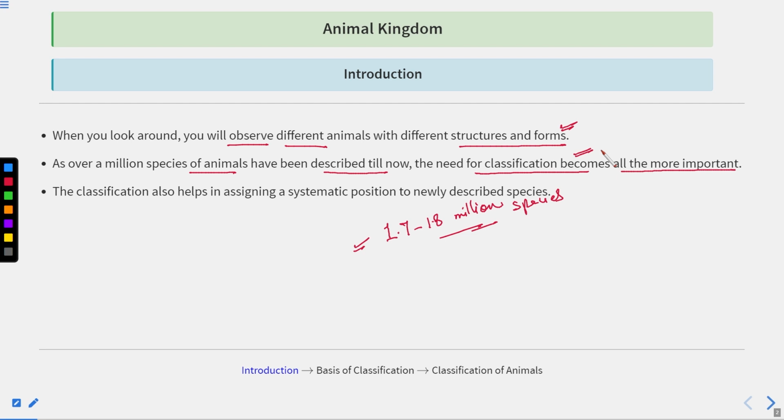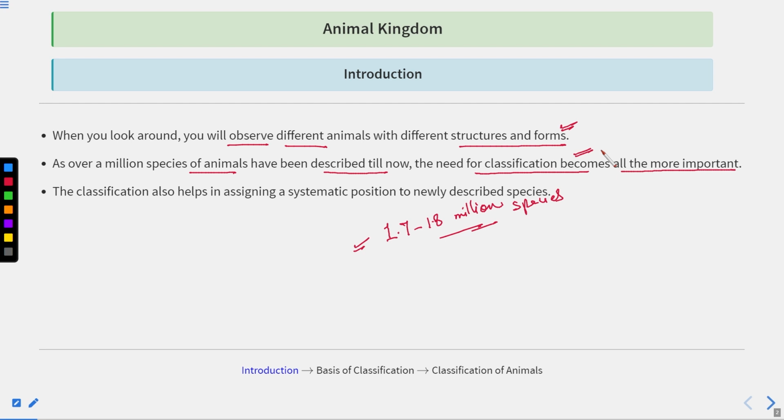We have data for groups rather than each animal individually. Just by seeing an animal, you can say it belongs to a particular phylum because you know the general characteristics of that phylum.